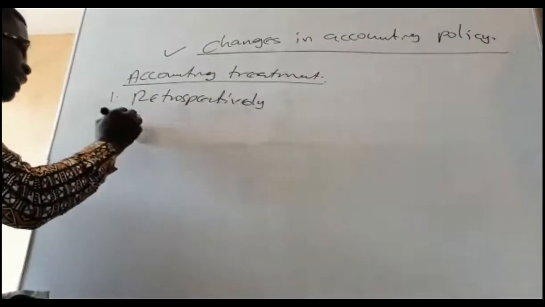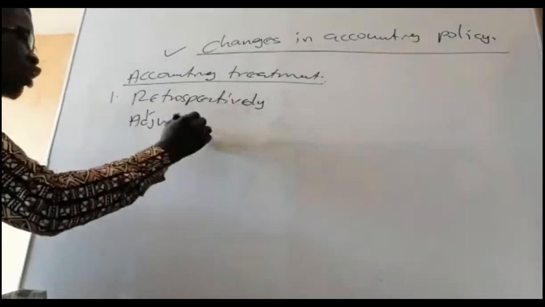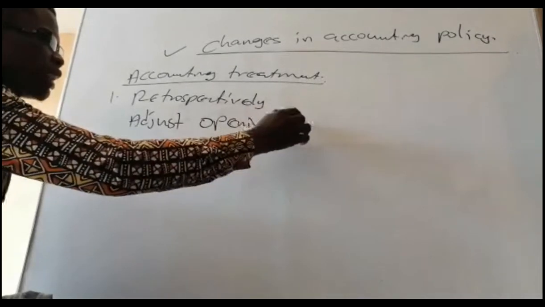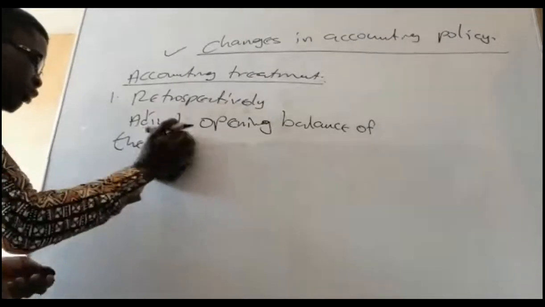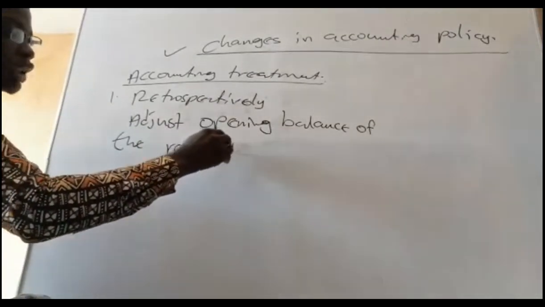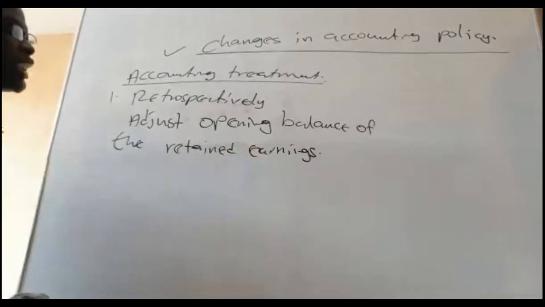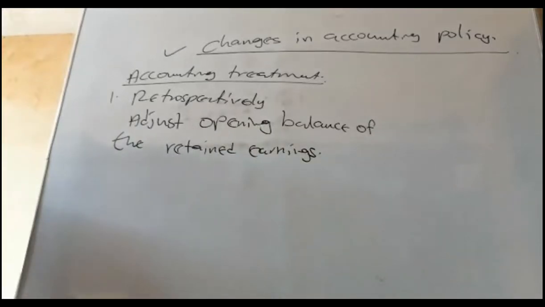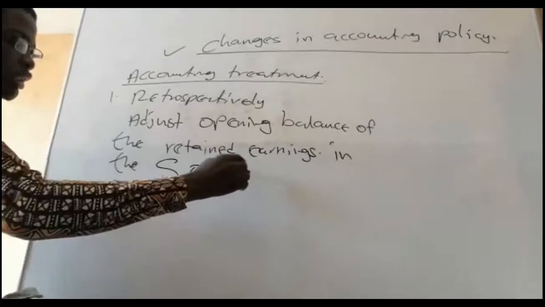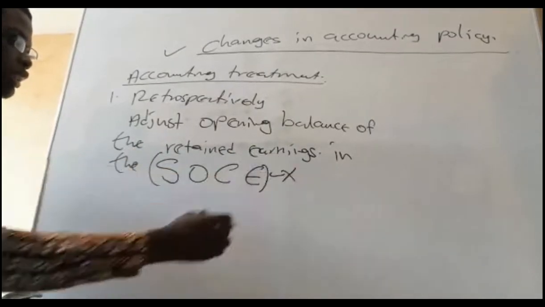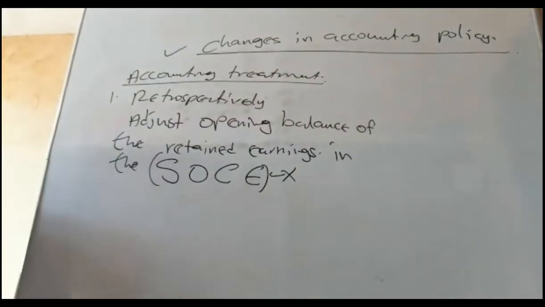It means that we have to just adjust the opening balance of the retained earnings in the statement of changes in equity. No shortcut. So that is it. Good.